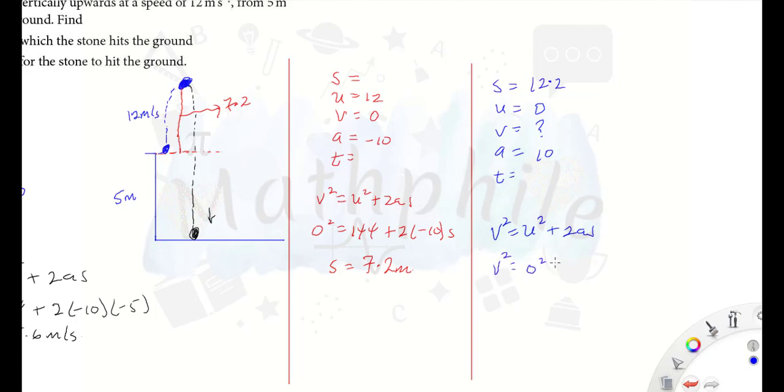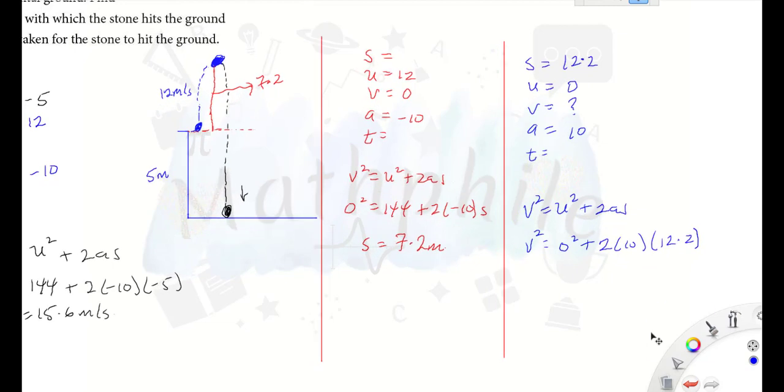U is 0, and 2 times... we'll do the manipulation and let's see what you get. The square root of... that's 15.6. So V is equal to 15.6.